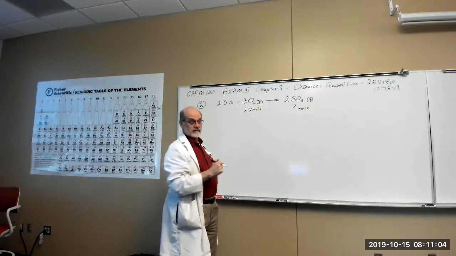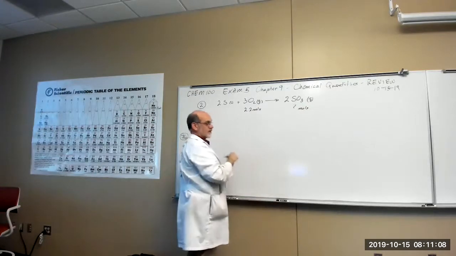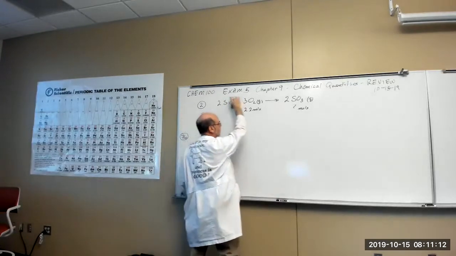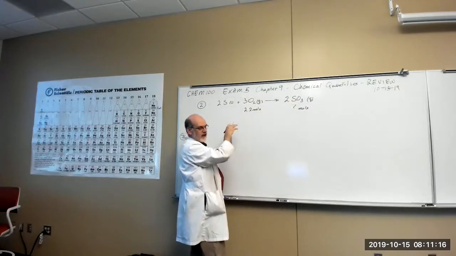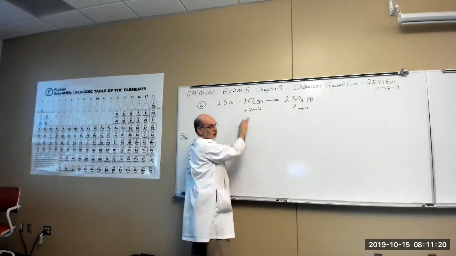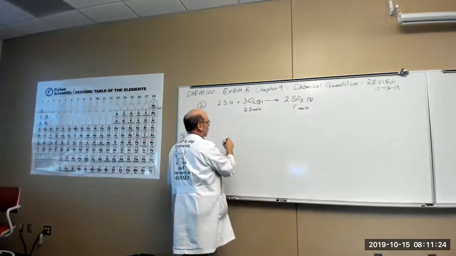The answer is yes, because you're already in moles. If it's not in moles, you have to convert to moles, because the relationship in the balanced equation is all numbers, not mass, not volume, numbers. Numbers means moles. So we've already got moles, that's great.